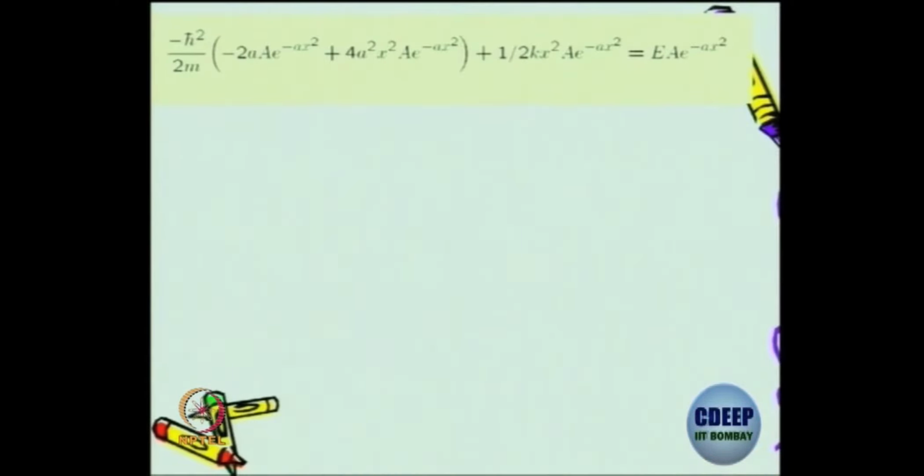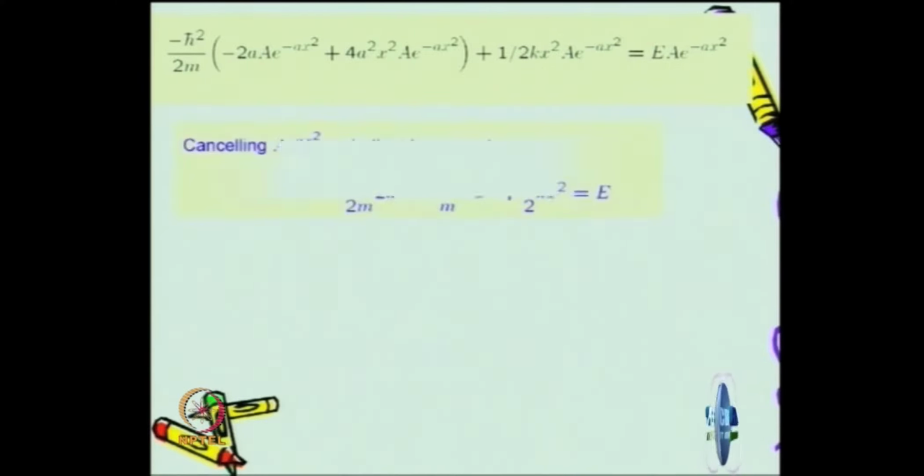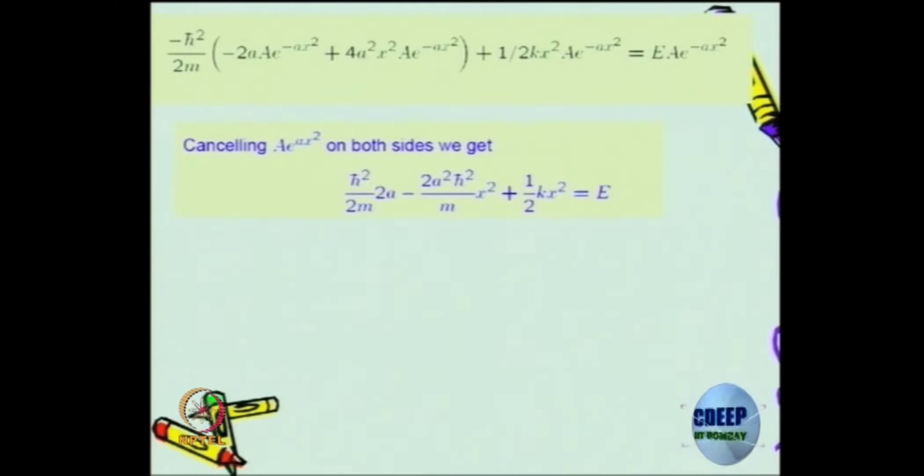E to the ax squared anyway cancels throughout. You can remove it and compare powers of x on both sides. Okay. So from there, what can we fix? We can fix the small a. We can also fix the energy. Is that right? The term which is E, there are two x squared terms.